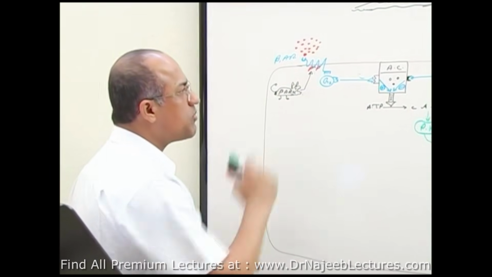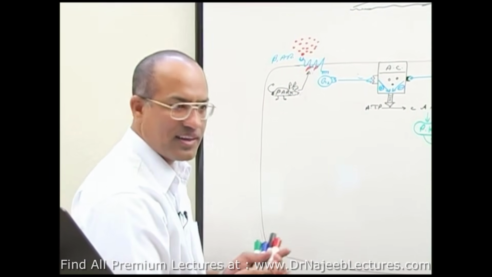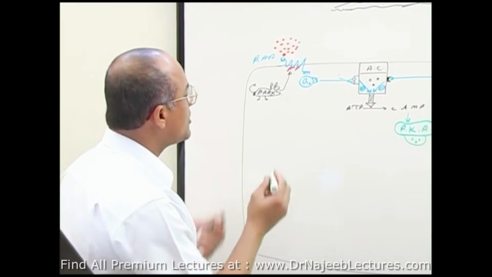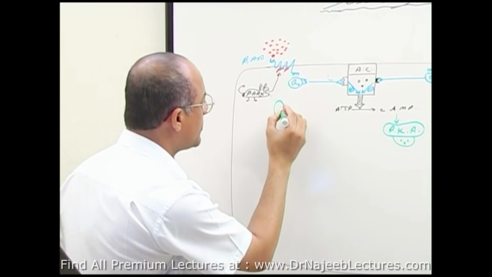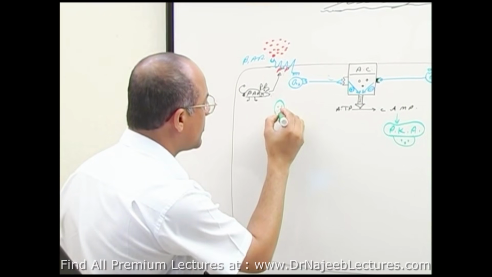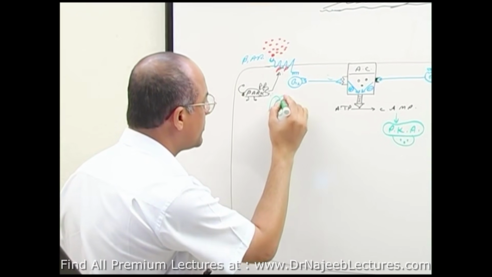When this receptor becomes phosphorylated, then there is another protein present.